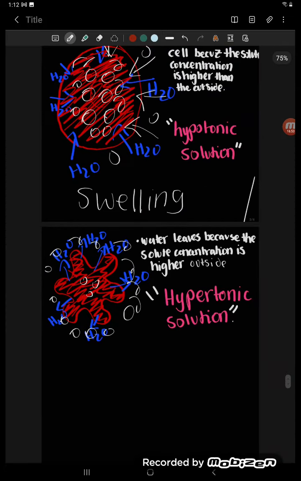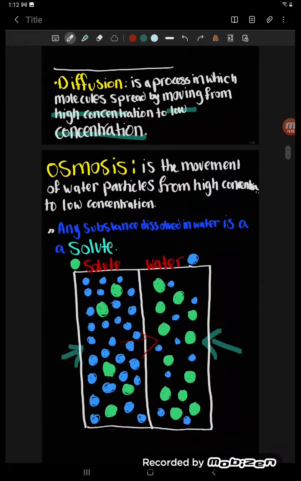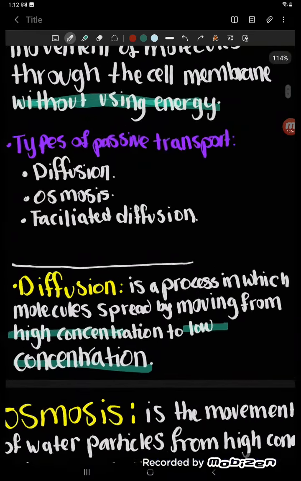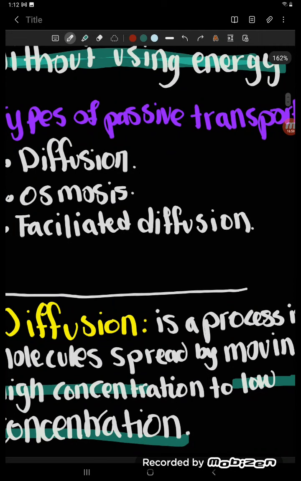Now let's go back to what I was going to say, something about facilitated diffusion, but it's not the main focus here because we don't need to study this in the concept that I'm following. But facilitated diffusion is basically the transport of large molecules that cannot pass through the cell membrane, because they're really big and lipid insoluble.